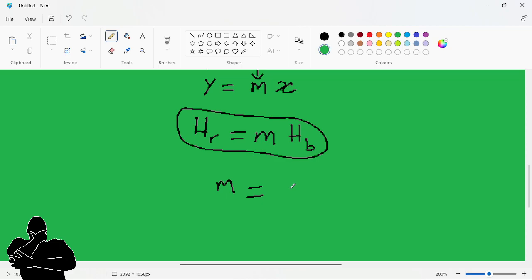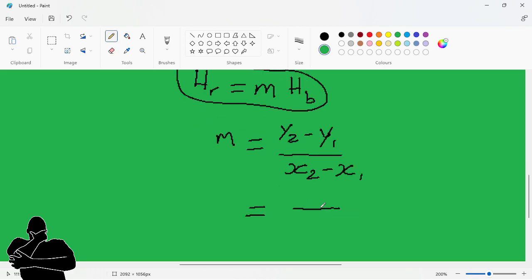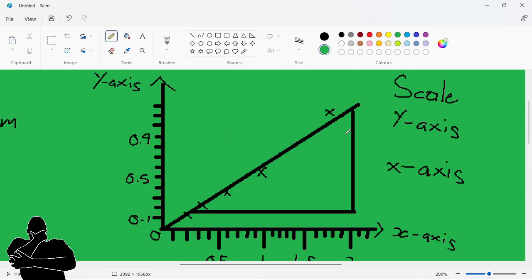The gradient is basically equivalent to the change in y, y2 minus y1, divided by the change in x, x2 minus x1. Or as some people say, the rise over the run. I've drawn a big triangle here, and you can read off the y values by coming here and reading there and doing the same down here.